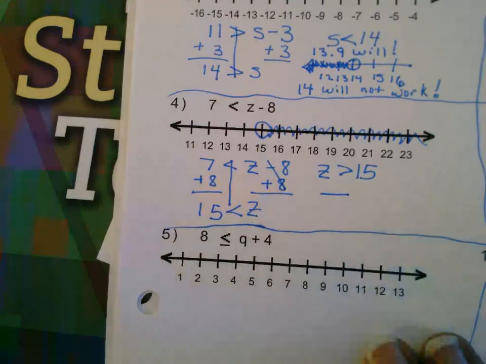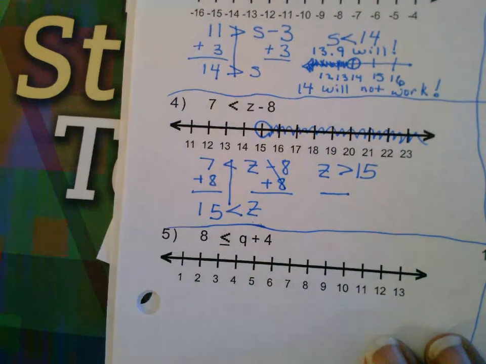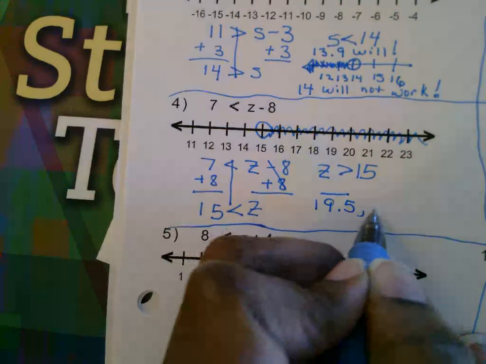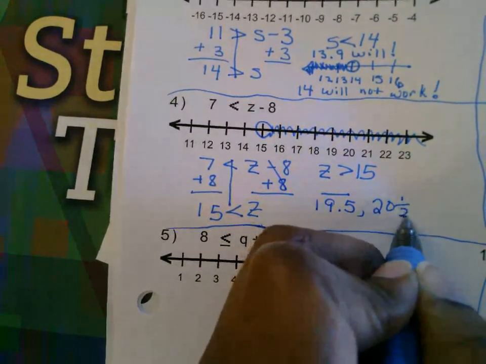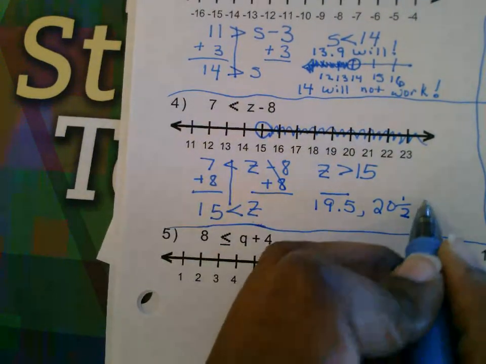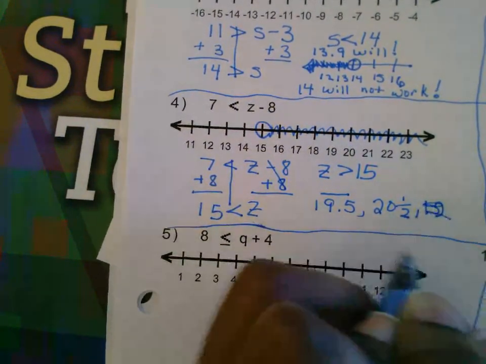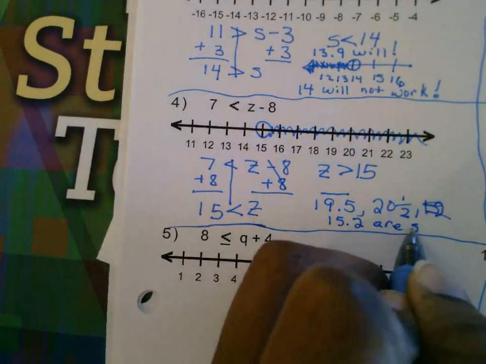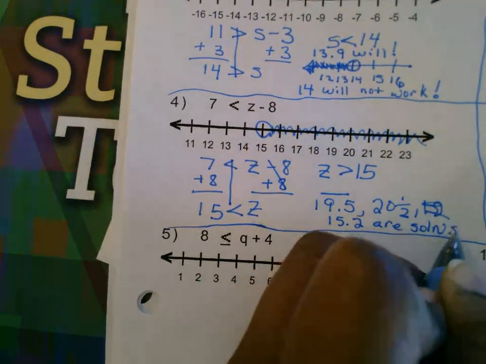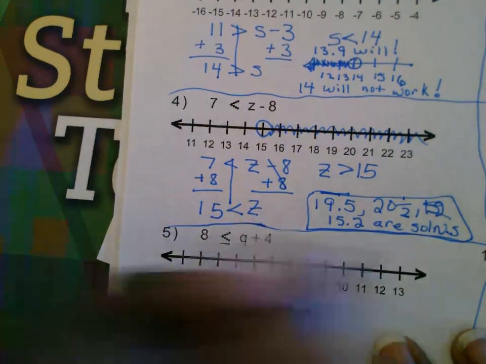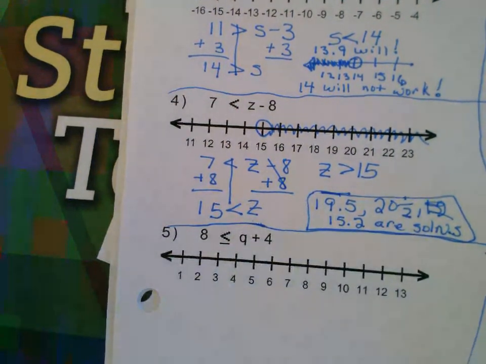Now, other solutions, because the assessment might ask you what are other solutions that will work that are not whole numbers. 19.5, 20 and a half, 15.2 are solutions. Put that on your paper for me.